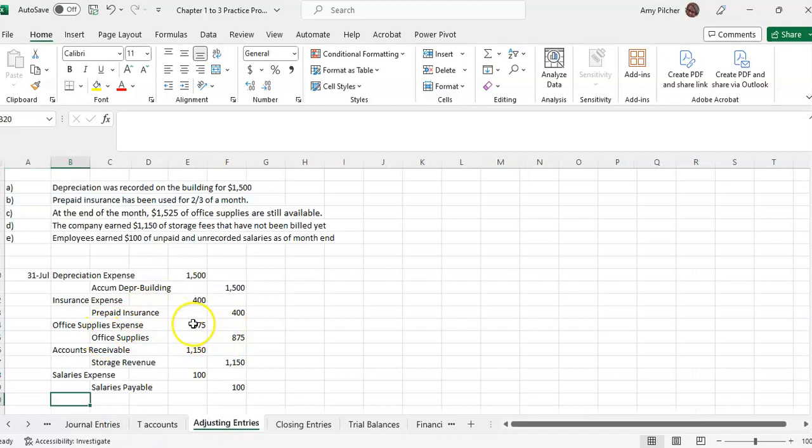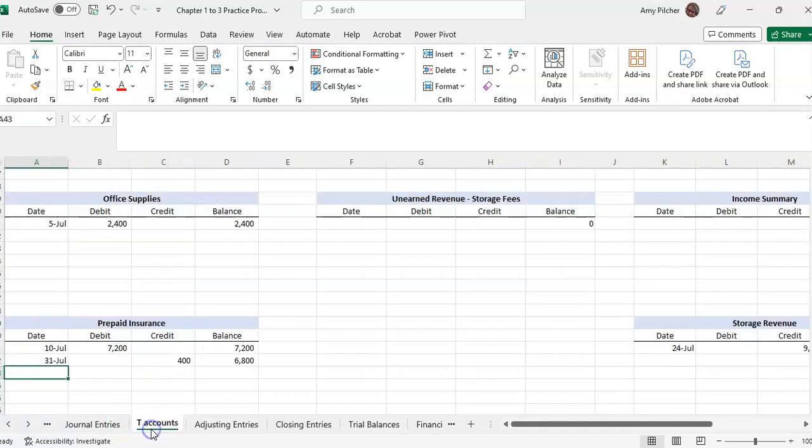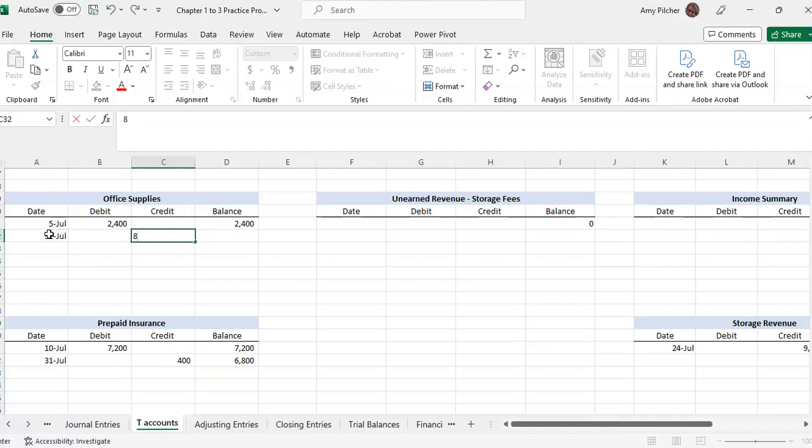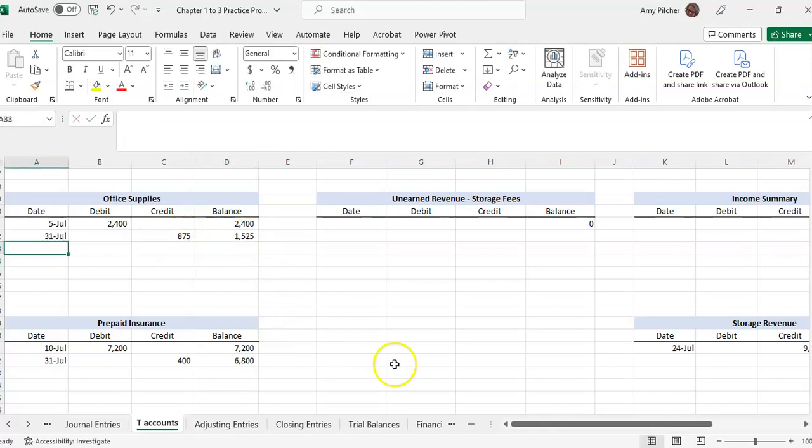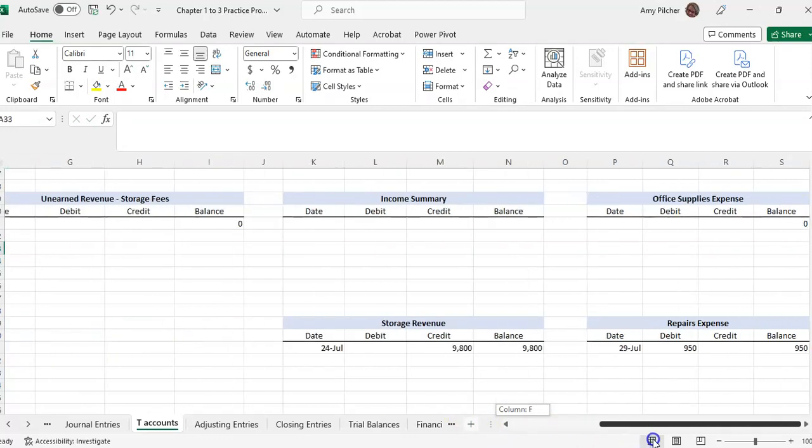Next is our office supplies expense. So we're going to credit office supplies for $875. When we subtract these, we should get a balance of 1,525, which is what it said our balance needed to be. And then we have a supplies expense of $875.